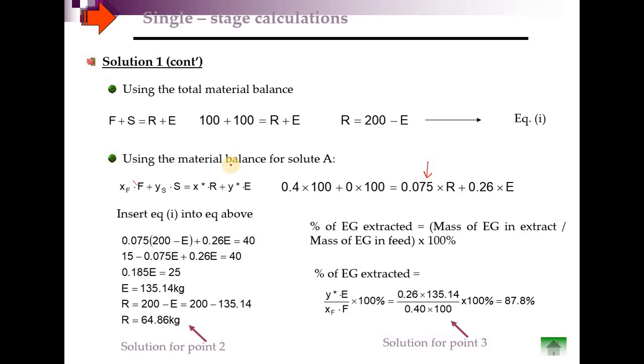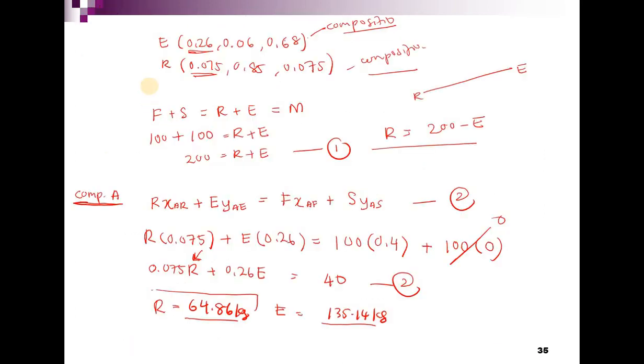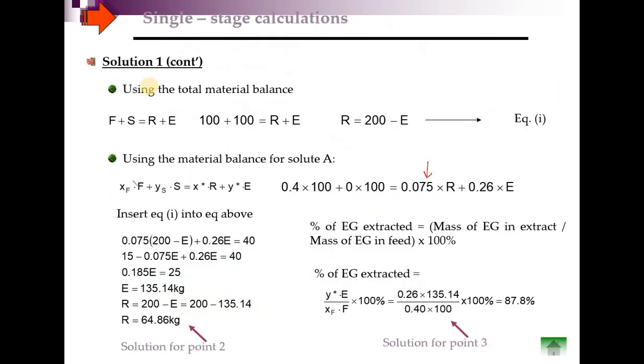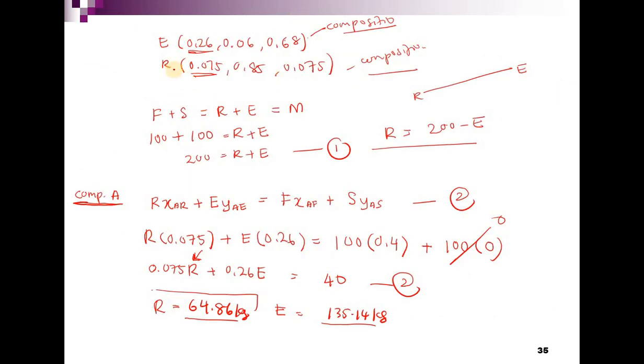You already found the composition of E and F by using this method, and when you read the coordinates for both graphs, you will get these coordinates. So E is 0.26, 0.68, 0.06, this is A, C, and you can find B. For the raffinate it is 0.075, 0.075, and B is 0.85. So this is the composition.